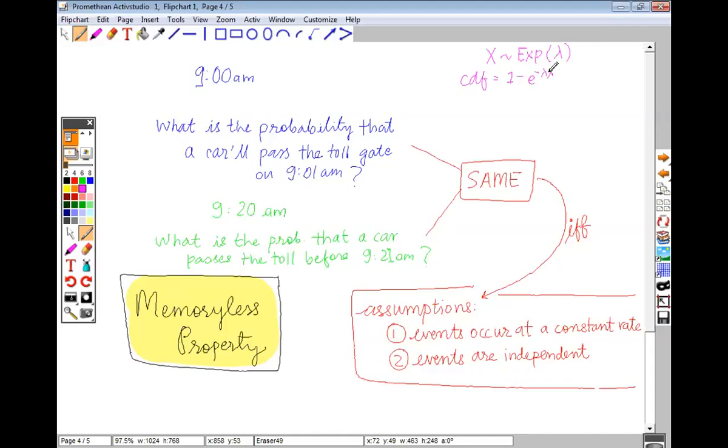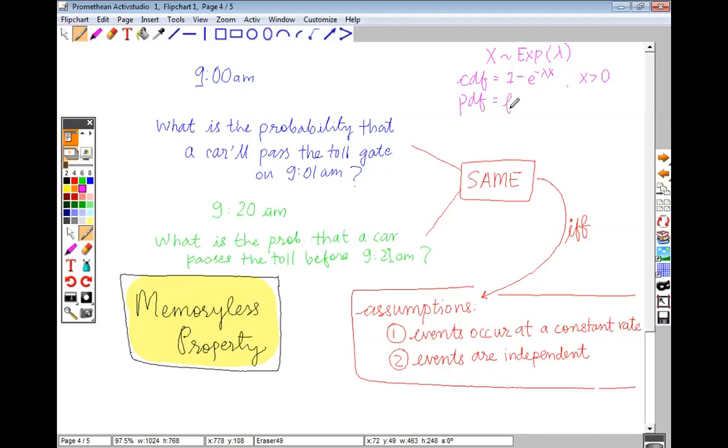Again, this is only valid if my x takes a positive value. We have to remember that we have nothing called negative time. I mean, you can still have negative time if you are in the quantum world, but we aren't. So we take x greater than 0, and the PDF, if we are writing here, will be what?